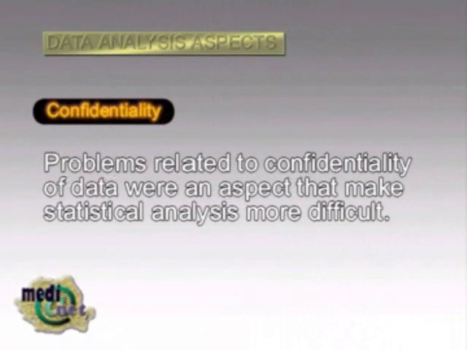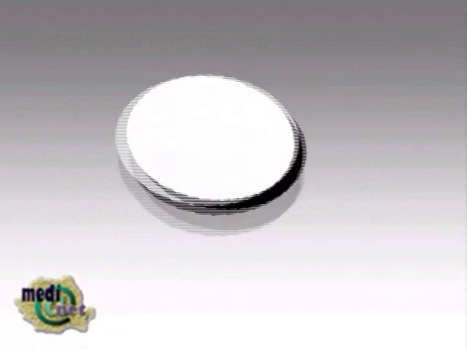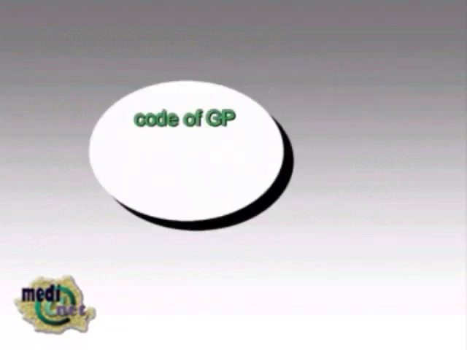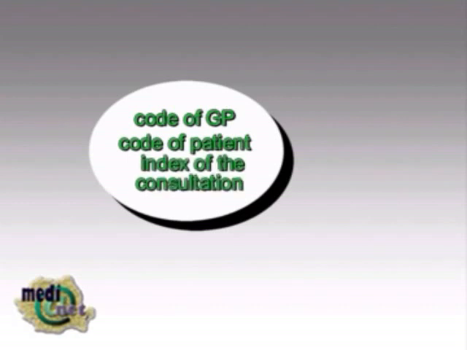About the data analysis aspects, problems related to confidentiality of data were an aspect that made statistical analysis more difficult. For the unique identification of a patient, 3 identifiers were used: code of GP, code of patient. This code is different from the personal numerical code, and it does not reveal any personal data of the patient.